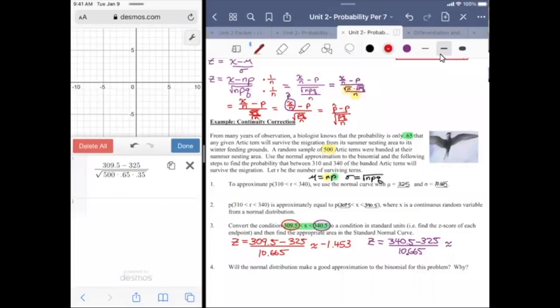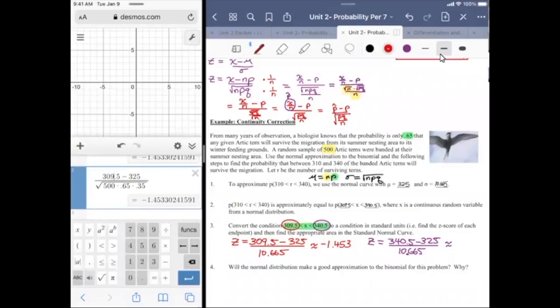So then I do a little copy job and change my 309.5 to 340.5. And we see the symmetry there, 1.453. Will the normal distribution make a good approximation to the binomial for this problem, and why?